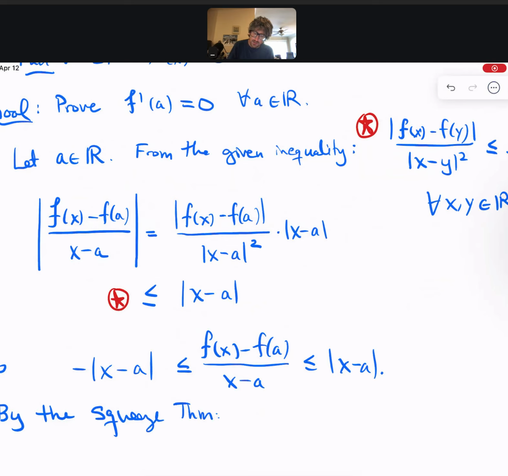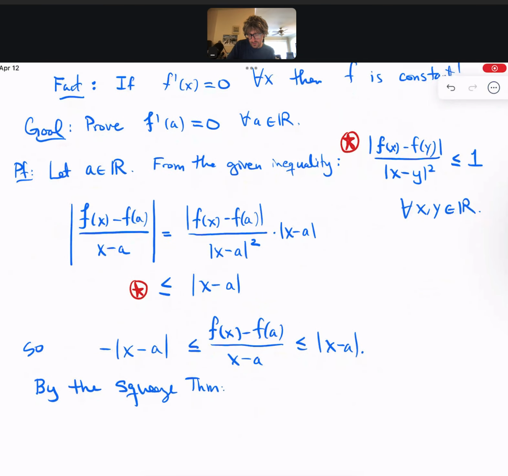if I take the limit as x approaches a, the limits of the outermost things are just 0, right? As x approaches a, as functions of x, those are continuous functions. We can just evaluate at a, we get 0.